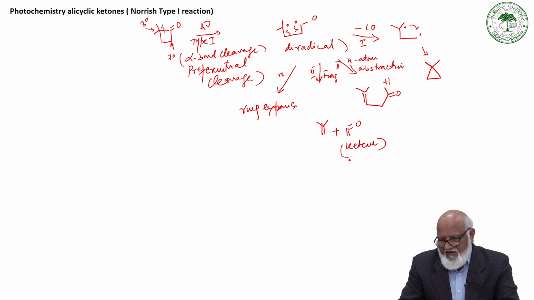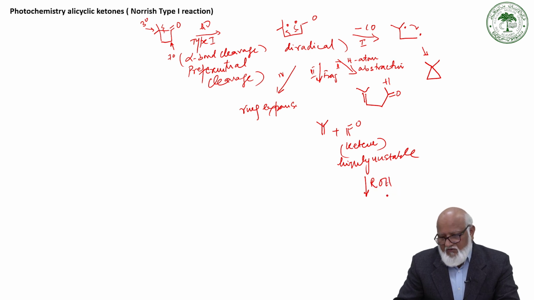Ketene is highly unstable, and if the reaction is carried out in alcohol, it will lead to an ester, C double bond O, OR, and of course this is an alkene.